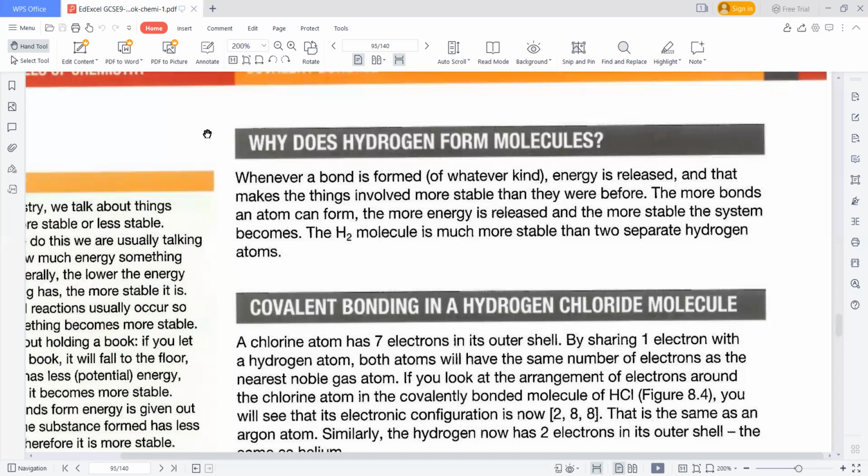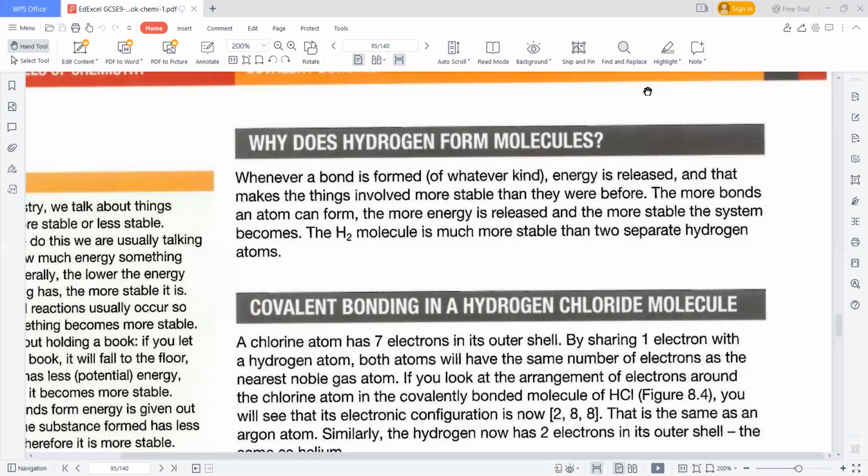Okay. Next thing is, why does hydrogen form a molecule? Whenever a bond of any kind is created, the things involved become more stable than earlier. Obviously, if we consider that sodium makes one bond with a chlorine atom.